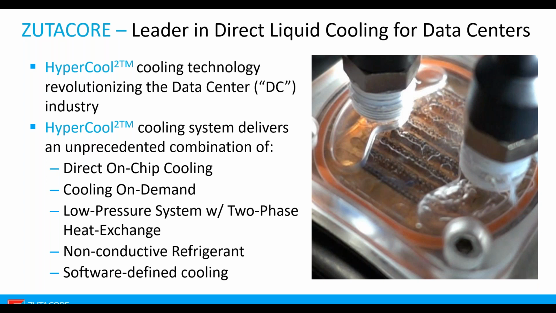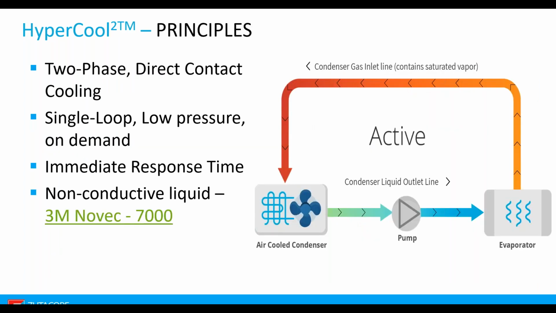So it did require some breakthroughs in implementation in order to realize it into a scalable system. One that would really deliver this very unique combination: two-phase change, low pressure, direct on chip, on demand, using non-conductive refrigerant.